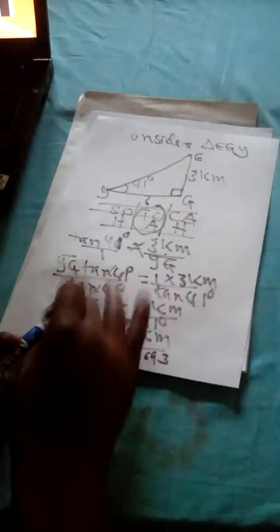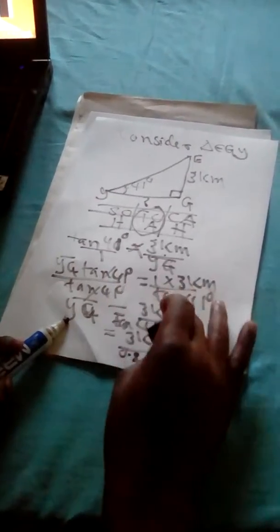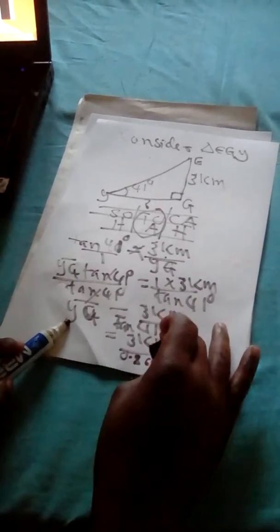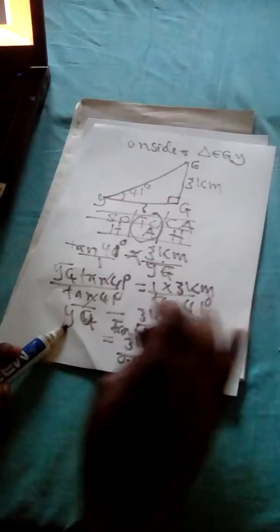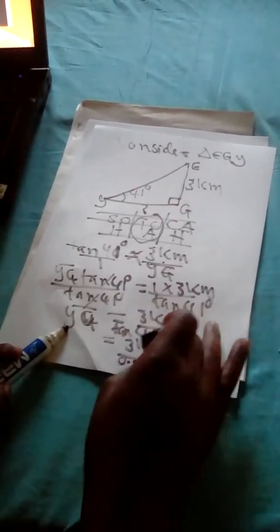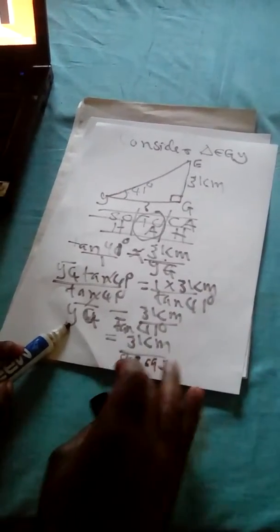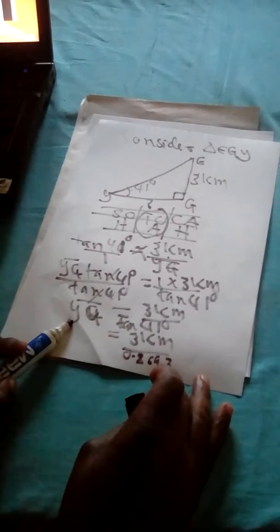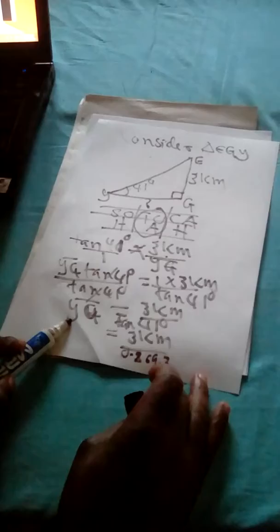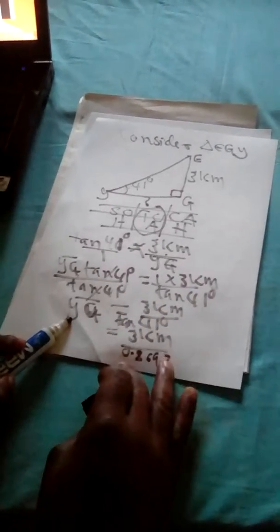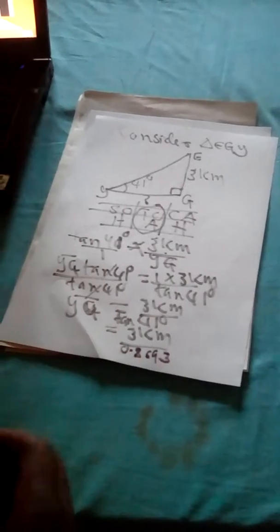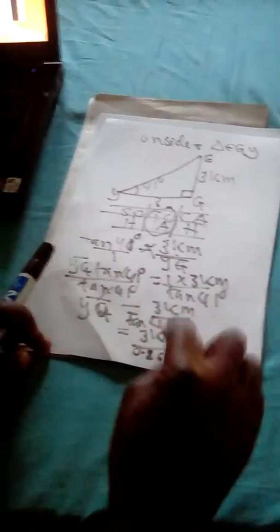You remain with YG on the left hand side, and here you will have 3 kilometers over the tangent of 41 degrees. Now, if you go to the tables of trigonometry, you will find the tangent of 41 degrees is approximately 0.8693. So 3 kilometers divided by 0.8693 is actually a difficult number to divide.